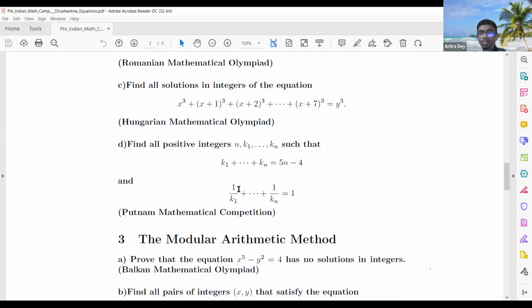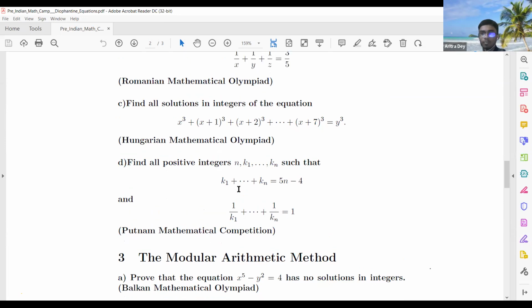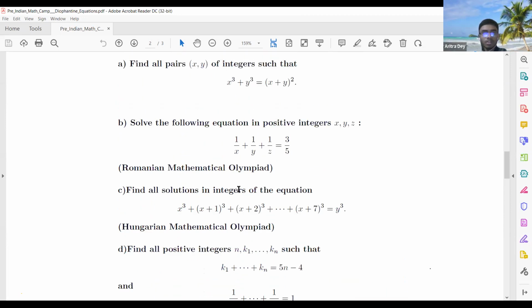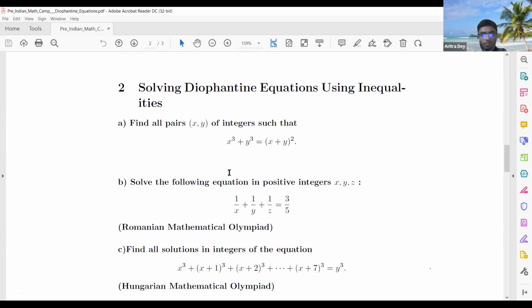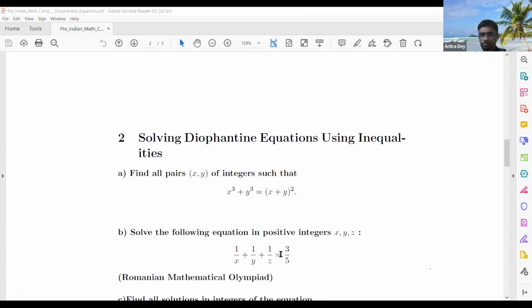So it also gives you an idea of how to approach problems in national Olympiad beyond your IOQM level. So that also helps you. Okay, let's start one by one.